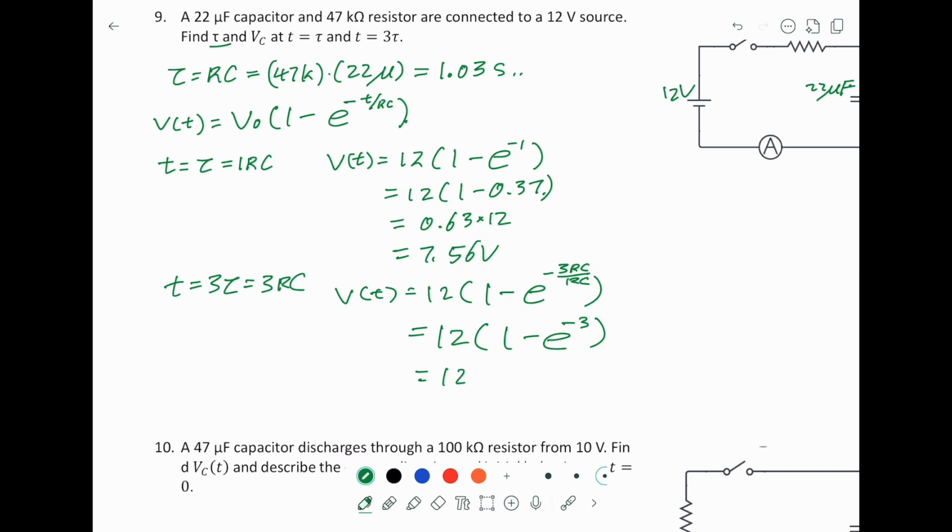So 12 times 1 minus 0.05, so 12 times 0.95. It means 95% of the 12 volts, so 12 times 0.95, you get 11.4 volts.